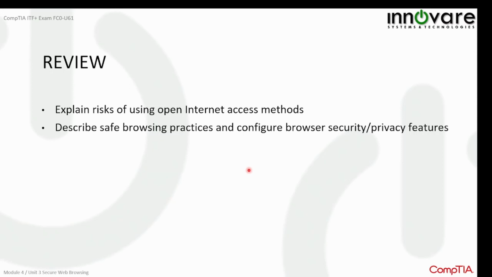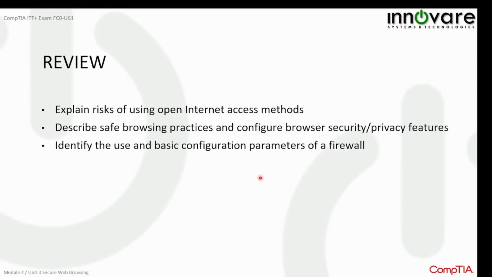We covered all of those. Now that you have known all of those, we identify the use and basic configuration ng firewall. We even discussed some features that you can actually explore, that you need to be aware of. So in this unit, I hope this has been informative to you. See you in the next unit.